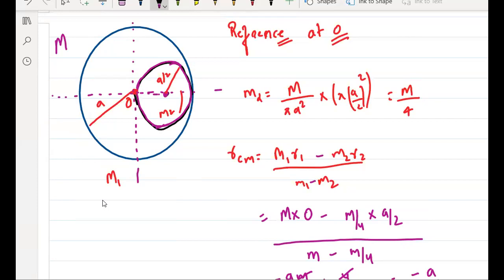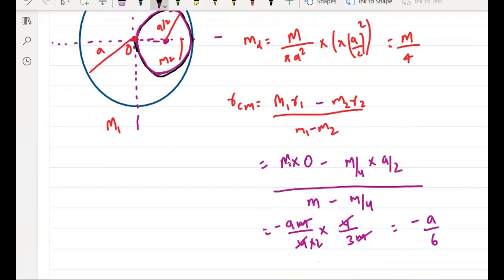Makes sense? But if I had drawn this somewhere else, then we would have had to consider both axes. But the answer would always be minus a by 6 along this line. I hope all of you understood this negative mass concept. Yes or no? Raise your hand.